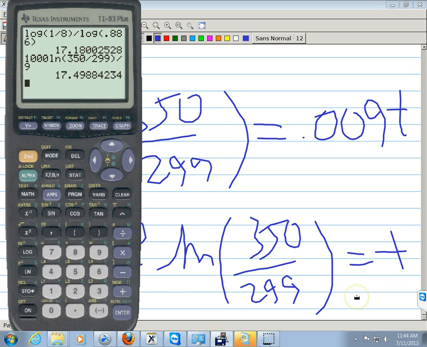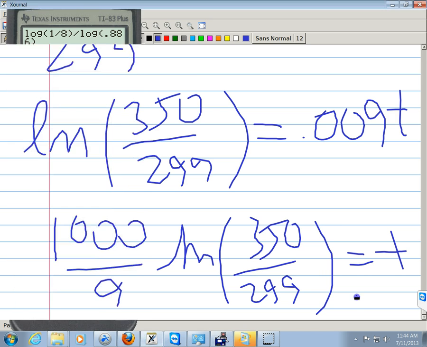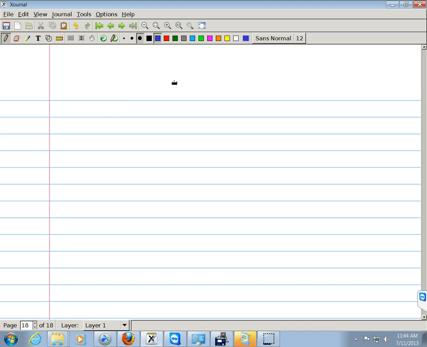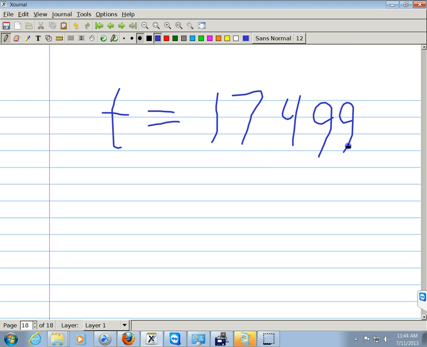So let's write that down. 17.499? Okay. So I ran out of room. Okay, so t is 17.499, and again, I rounded off to third place, so say approximately.